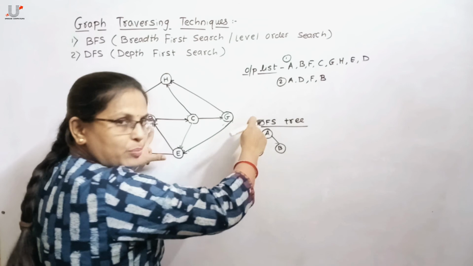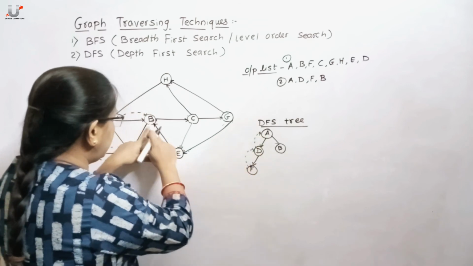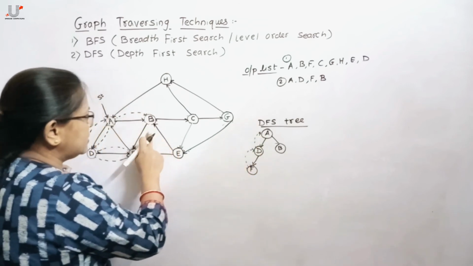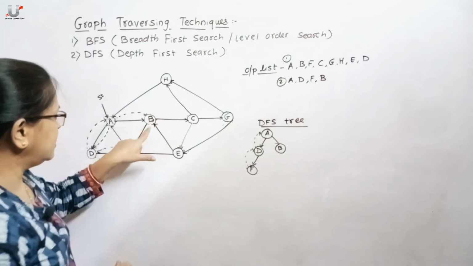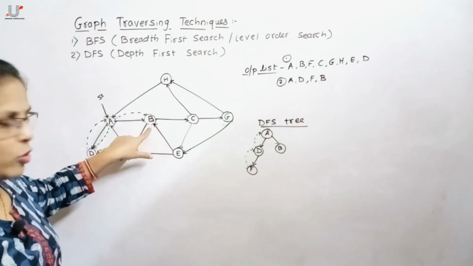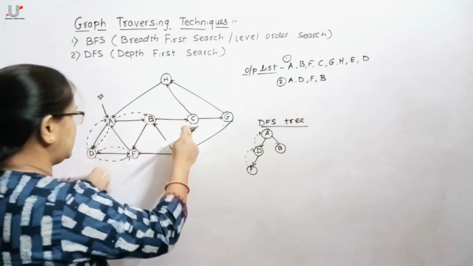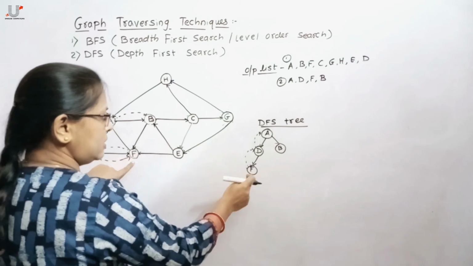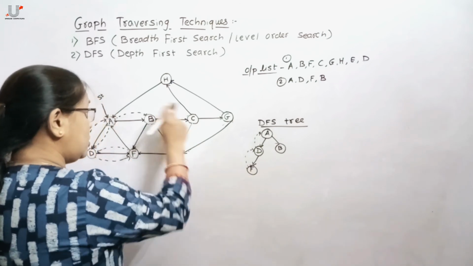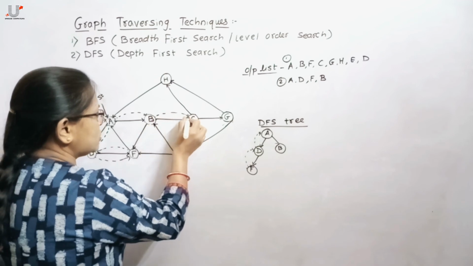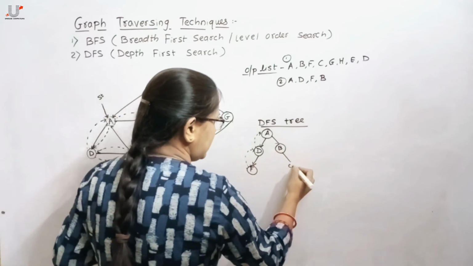It will move to the depth. Then it will move to now B. Then check adjacent unvisited node for this B. It's now F, but F has already visited, so now it's C. So the control will transfer to C.